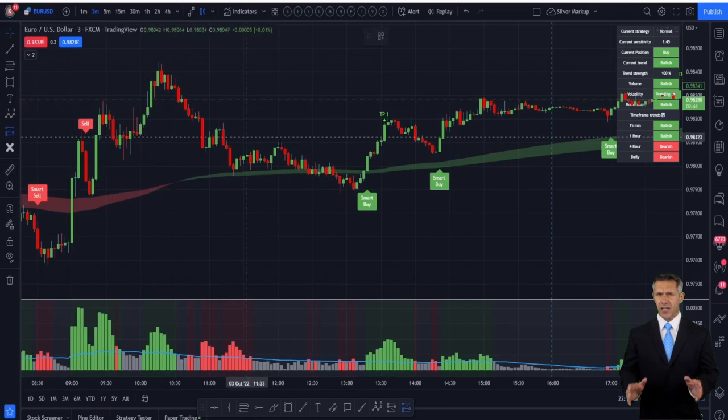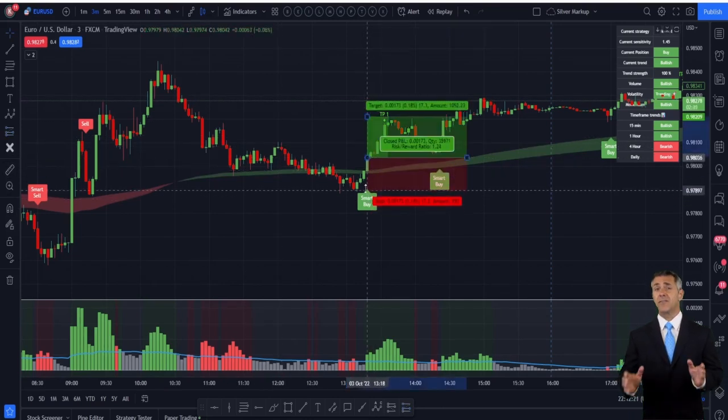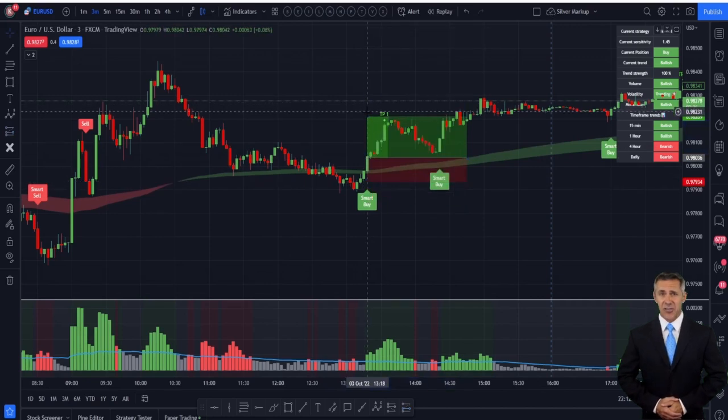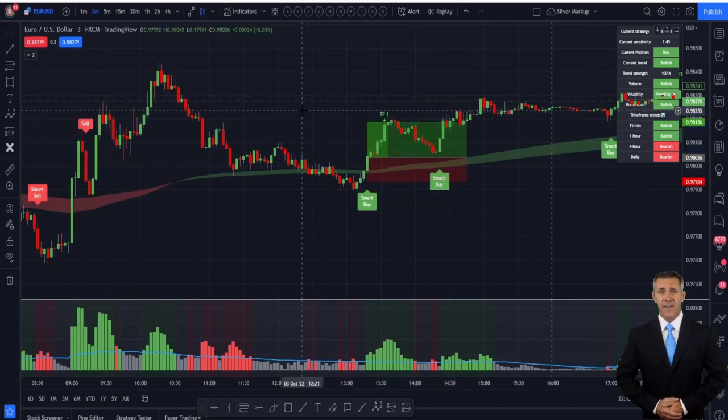Let's look at that, for example. A 10 pip stop loss and a 15 pip take profit. 15 pips, it'll be right there. And with that type of setup, I would only have to be maybe 45% accurate to be profitable.